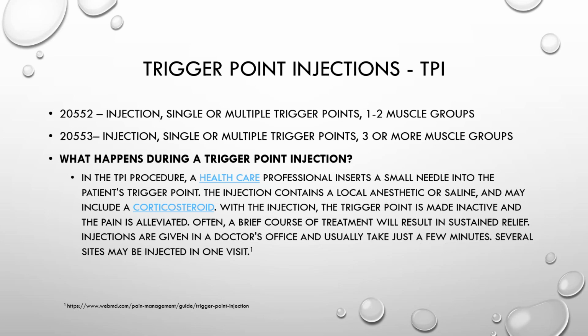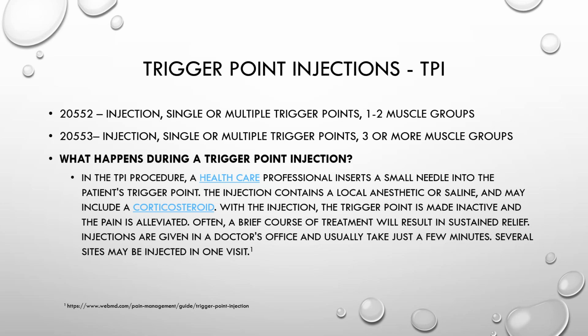One of the things that chiropractors love about these trigger point injections is that they can send the patient to the nurse practitioner for a trigger point injection, alleviate the pain in those trigger points, and then it allows the chiropractor to deliver a much more robust adjustment, spinal manipulation, to that patient, because they're not experiencing that type of myofascial pain, which can restrict their ability to do a really vigorous chiropractic adjustment.